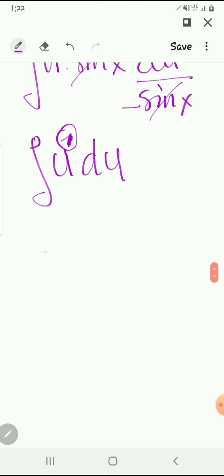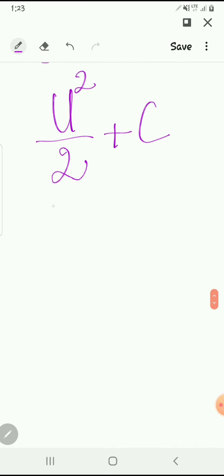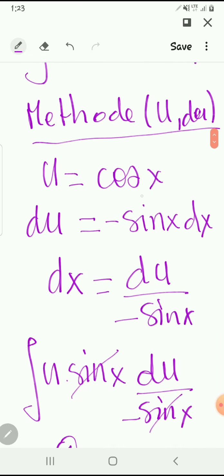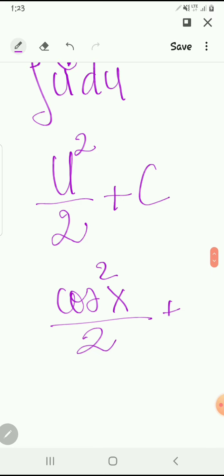So we will have u, we add 1, so 1 plus 1 is 2, divided by 2, and then plus c. Now we can substitute u by cosine of x. So we have cosine of x squared divided by 2 plus c.